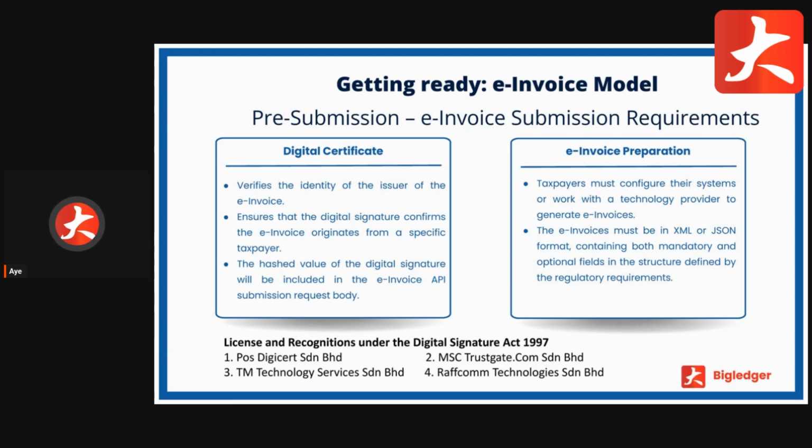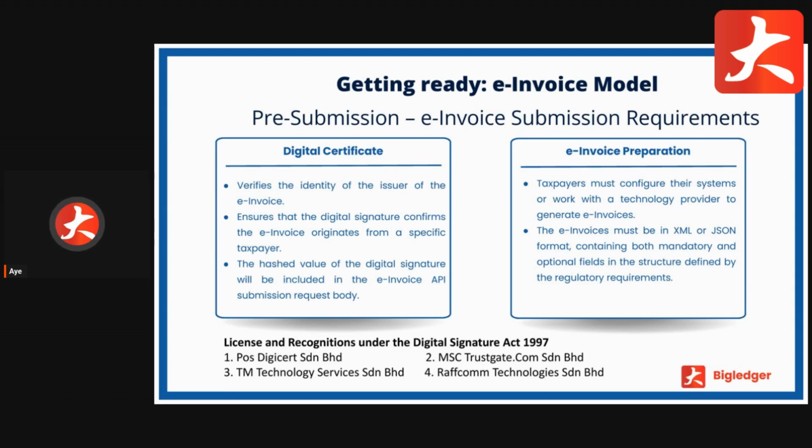Okay, so this last part is usually managed by the software provider. But for this digital certificate, let's say you are using an ERP system or you are using API from the software provider. Usually, if they are an intermediary, then they will use their own digital certificate.